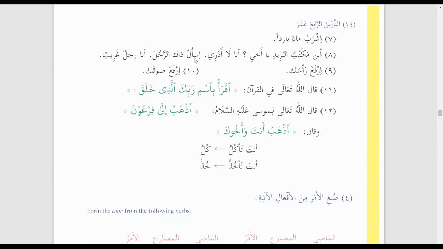Is'al, just for the sake of information, write it down that Sa'ala Yas'alu has two ways of making fi'l al-amr that are used in the Quran. One is Is'al and the other is Sal. Sal Bani Israel: seen, lam, and seen has fatha. We can take it as an exception.